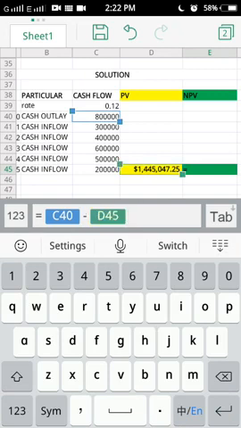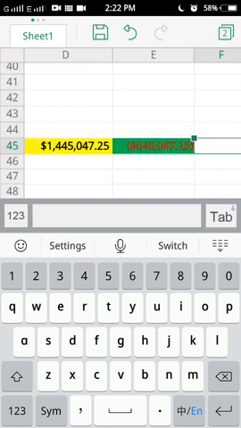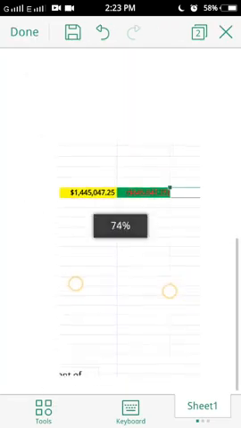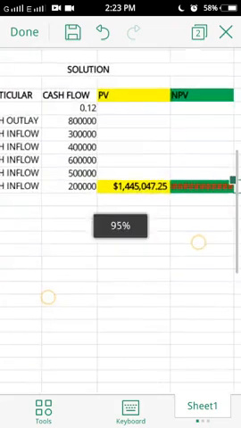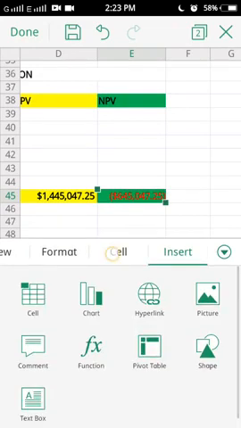Click on that, and then when you're done, you hit your tab key. And then we can see that our net present value is an amount of $645,047.